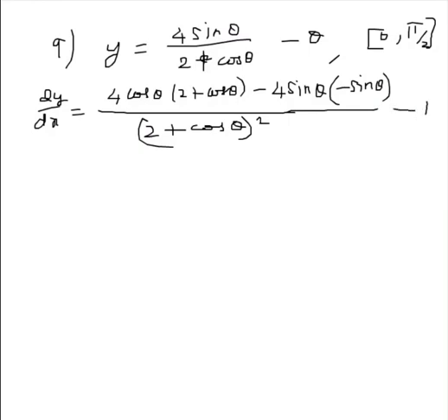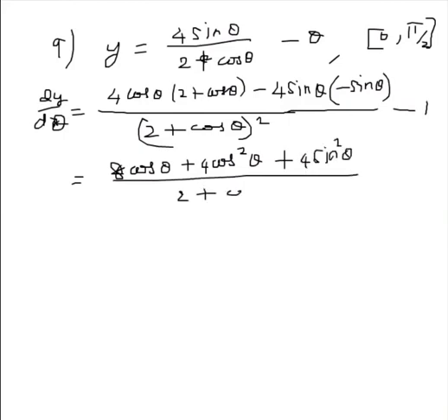The differential of theta with respect to theta, it becomes 1. I have changed it as theta here. Now let us open the brackets. Plus it becomes, which is equal to 8 cos theta.